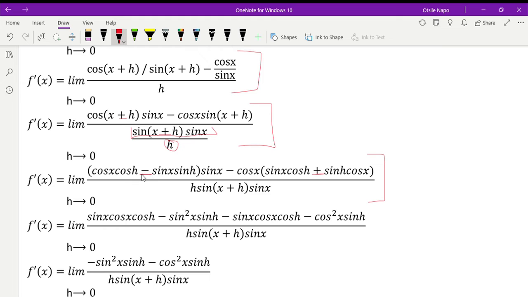Therefore, we take our h and multiply it with the denominator there, because when you are dividing, you can just reciprocate and change that division by multiplying.